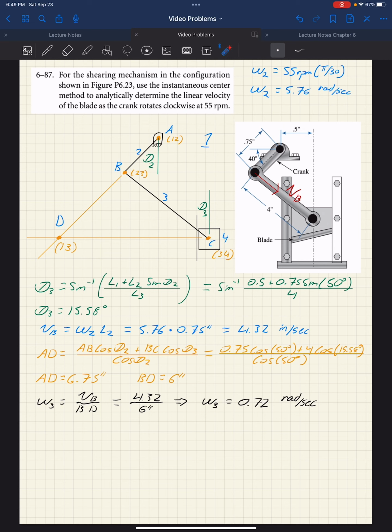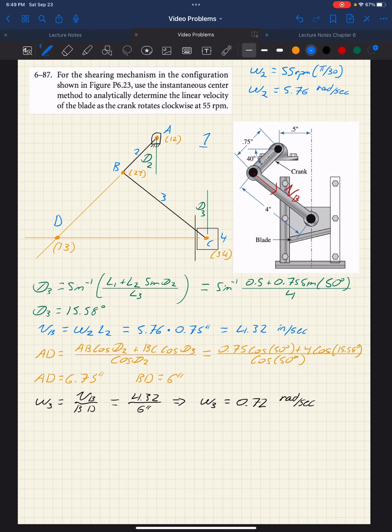Then all we have to do is find this horizontal distance that BD covers, and that's simple enough, because we have theta 2, so we know the angle. So CD is equal to 0.5 inches plus BD times the sine of theta 2.